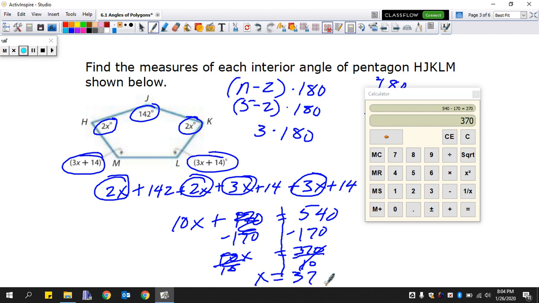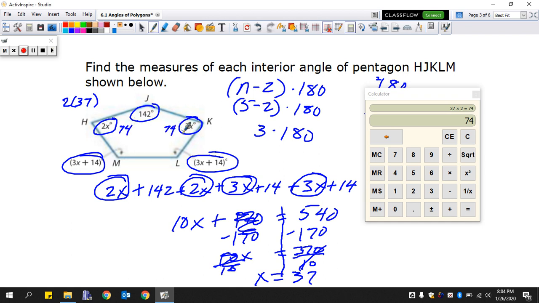Now it says find the measures of each interior angle of a pentagon. Well, we already know J is 142. Okay? H and K is 2 times 37. So if we take 37 times 2, 74. Okay, so that's 74. That's 74.